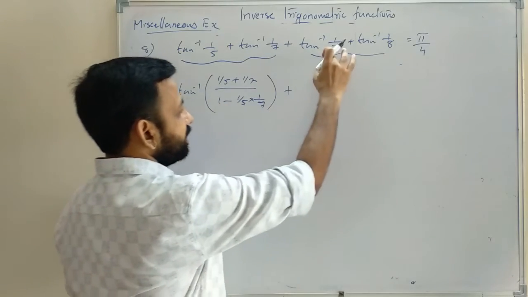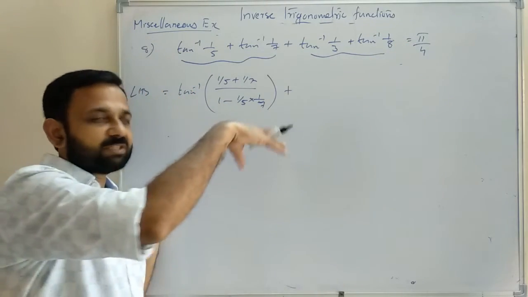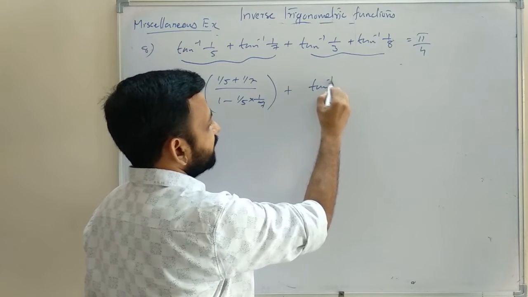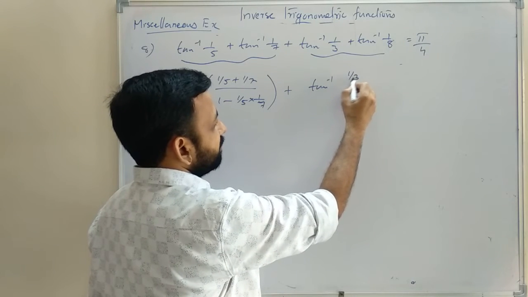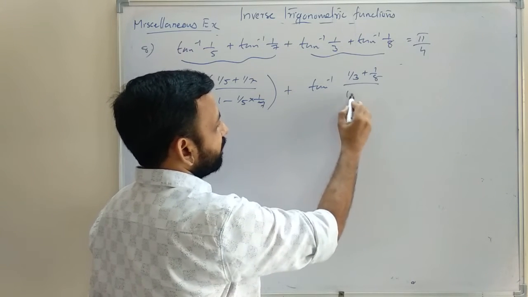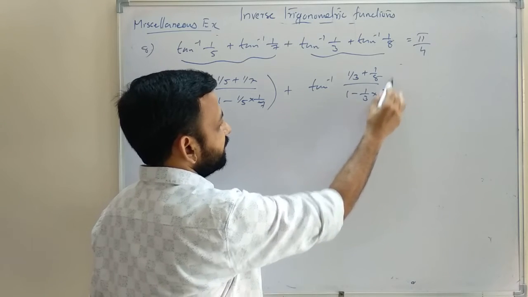Then again we will apply that formula, tan inverse x plus tan inverse y, that is tan inverse of 1 by 3 plus 1 by 8 upon 1 minus 1 by 3 into 1 by 8.